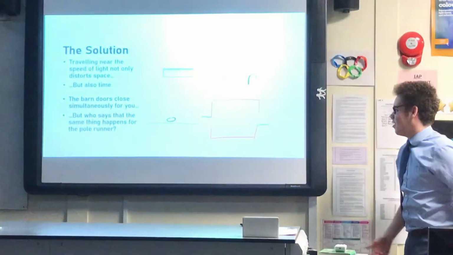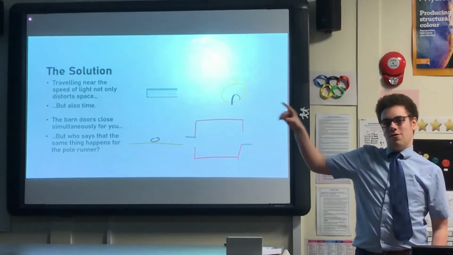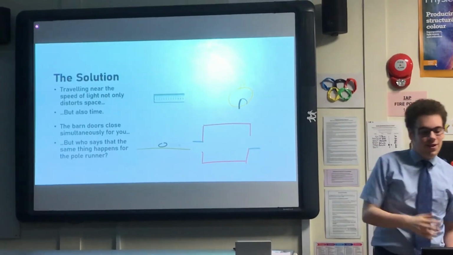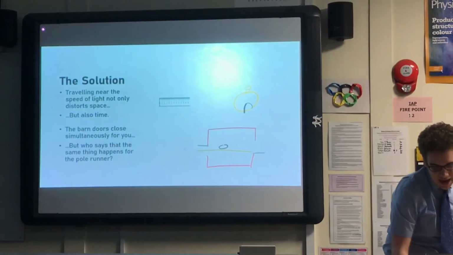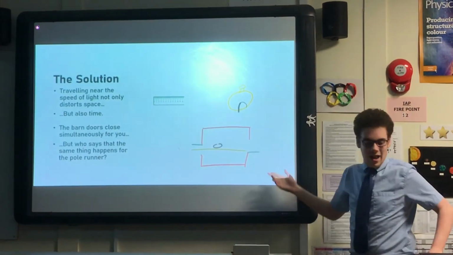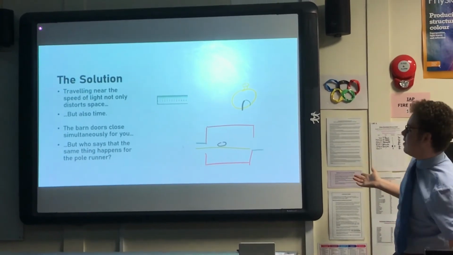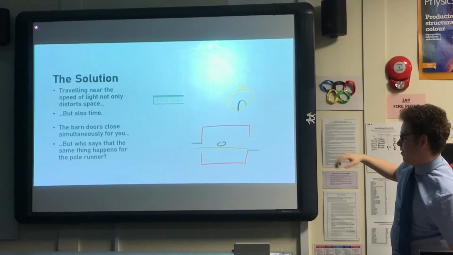So let's play this scenario out. We have a pole runner approaching the barn. And while for you the doors close simultaneously, this is what happens from the point of view of the pole runner. So he comes in, and he gets here, and the front of the pole is just about to touch the back door. And then it closes. And then it opens again, and it didn't hit it, so the pole runner continues on.